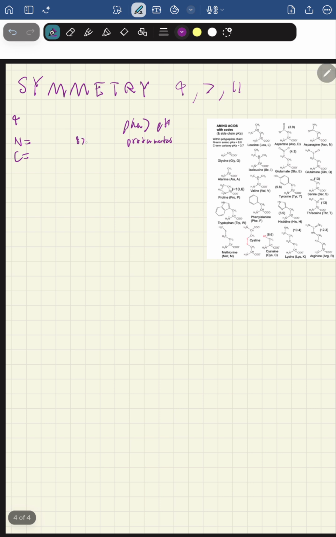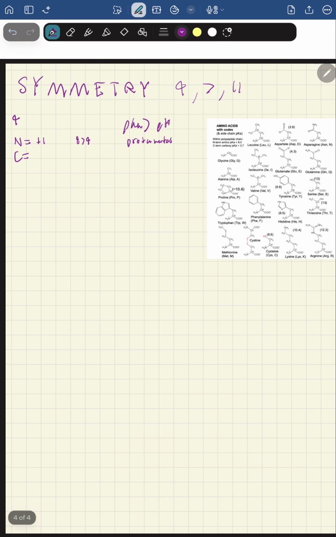So 8 bigger than 4, and it protonates. For the N terminus, it's that little NH3 plus group, right? And when it protonates, it's just a +1.